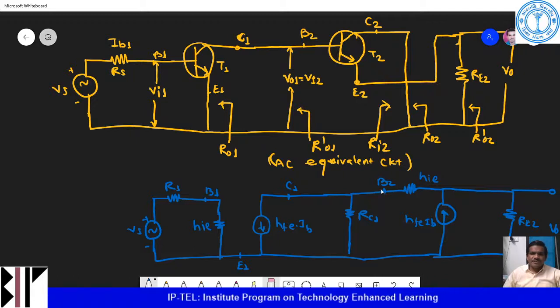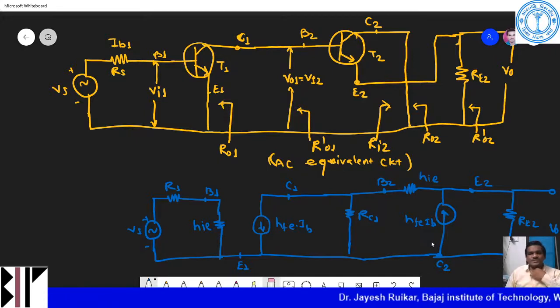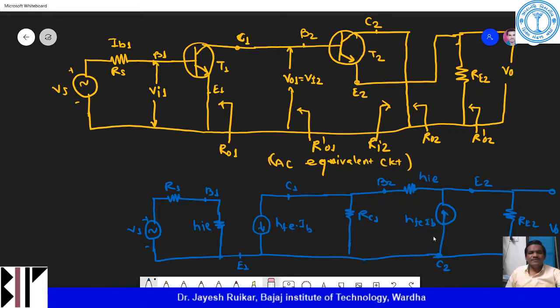So this is my base B2. Here I will get an emitter terminal, that is E2, and this is my collector terminal, common collector, so C2 here. Now I will draw the current directions.